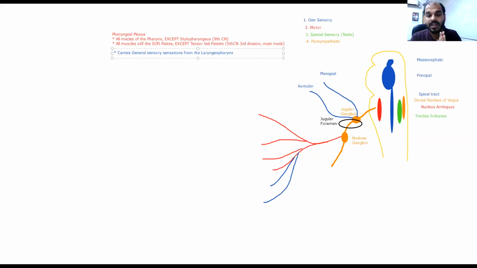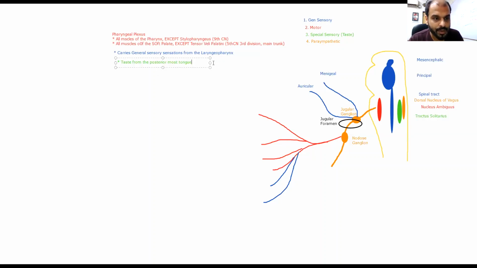Now, this pharyngeal plexus also has some green colored fibers. We will draw it afterwards. First I may write that it also carries taste from the posterior most tongue.